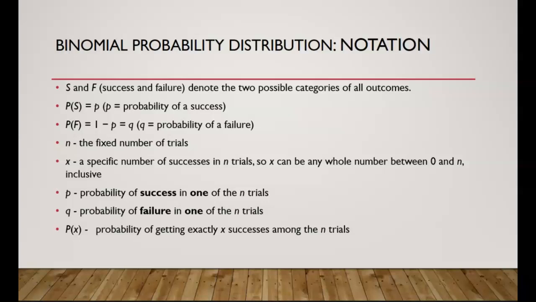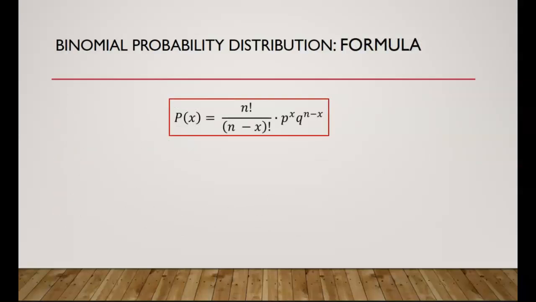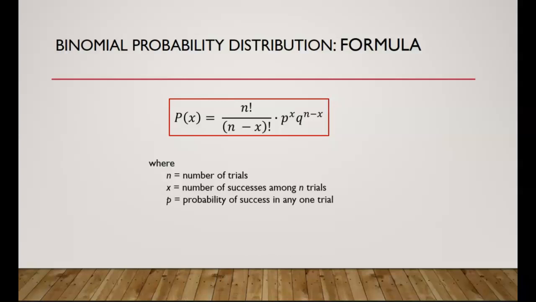Binomial probability distribution can be calculated in several ways. First, using the binomial probability formula: P(x) equals n factorial divided by (n minus x) factorial times x factorial, times p to the power of x times q to the power of n minus x, where n is the total number of trials, x is the number of successes among n trials, p is the probability of success in any one trial, and q is the probability of failure in any one trial, found by subtracting p from 1.